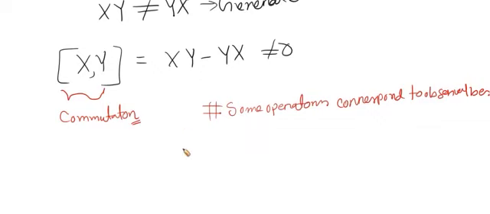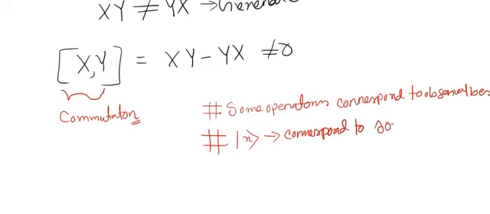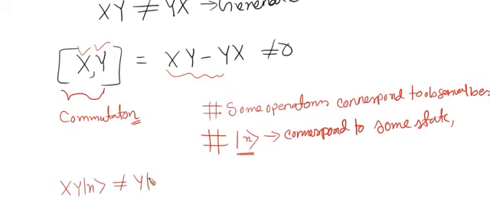So to be more precise, let's state another fact from quantum mechanics, that some state n corresponds to some state. And if you have a state and you have two operators, x and y, then xyn will not always be equal to yxn.